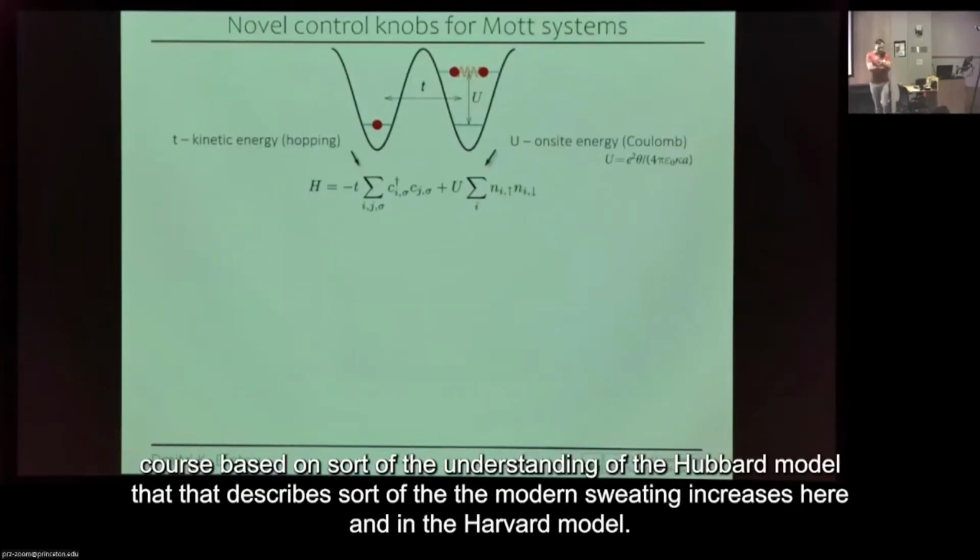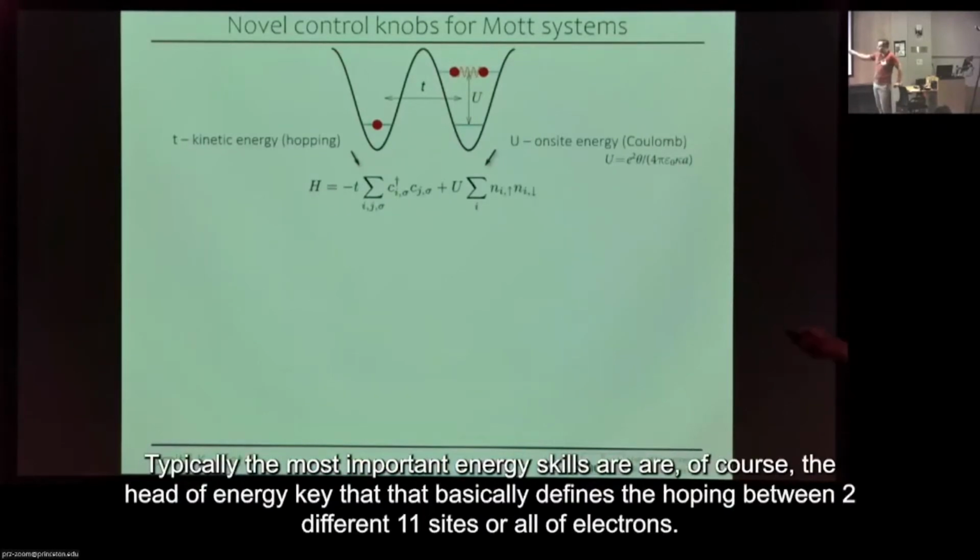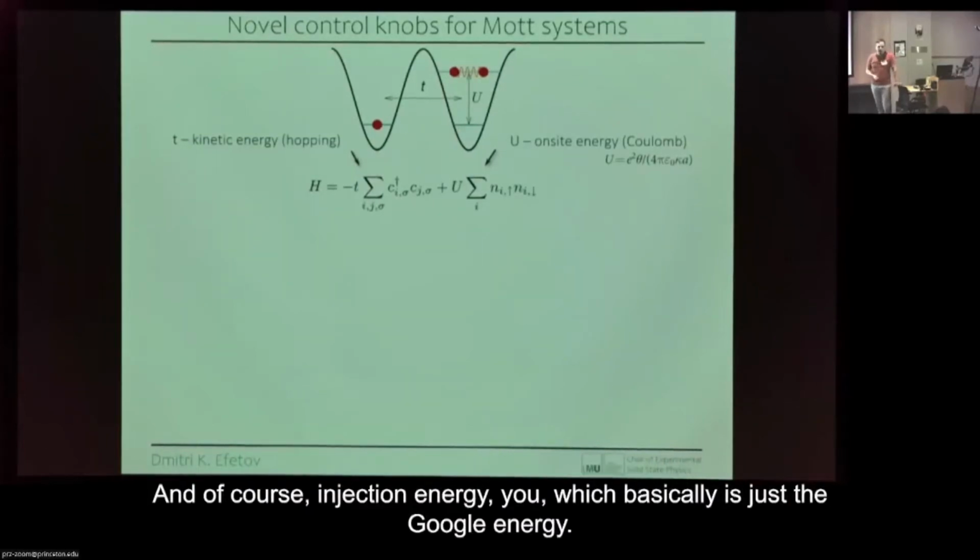In the Hubbard model, typically the most important energy scales are the kinetic energy t, which defines the hopping of electrons between two different lattice sites, and the interaction energy U, which is just the Coulomb energy if two electrons sit on one lattice site.